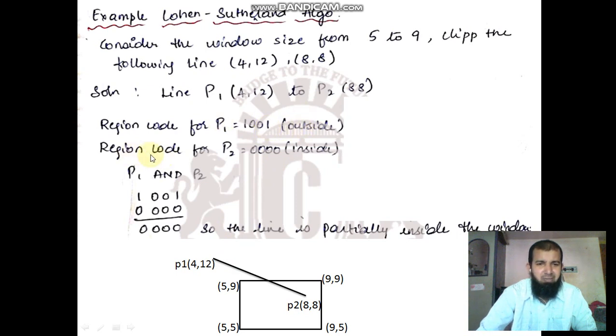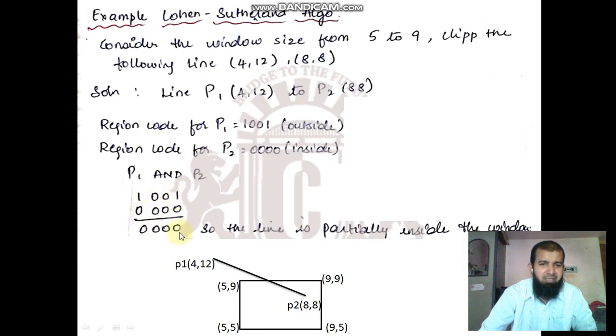Now the region code for P2 8, 8. All bits are 0 because this point is inside. Now you apply the AND operation on P1 and P2. The P1 region code is 1001 and the P2 region code is 0000.